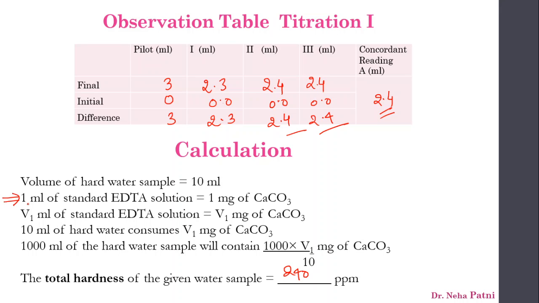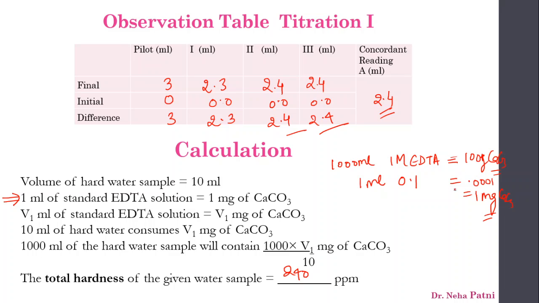Now assuming this is standard calculation, 1 ml of standard EDTA consumes 1 milligram of calcium carbonate. This is quite standard. If you consider 1000 ml of 1 molar EDTA, it actually reacts with 100 gram of calcium carbonate, because 100 is the molecular weight. Now if you go down to 1 ml, obviously you have to go down here also, so divided by 1000, and then if you go down to 0.01 molar, it would be 0.001, or you may call it 1 milligram of calcium carbonate.